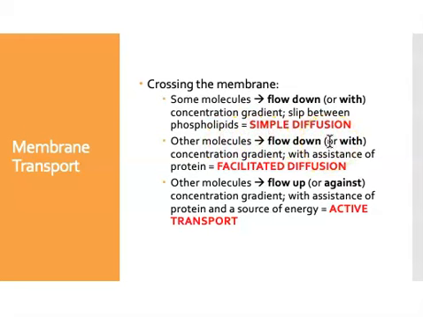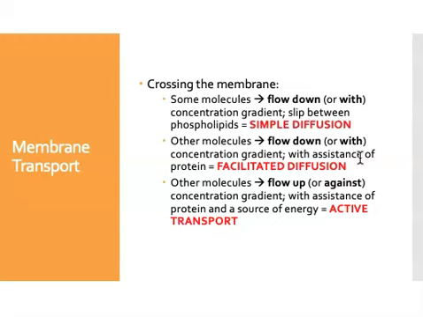They're still going to move from the side with the high concentration across the membrane to the side with the low concentration. But they're going to do it with the help of a protein. This transport process is called facilitated diffusion. In other words, a protein in the membrane is going to assist or facilitate this kind of diffusion process.